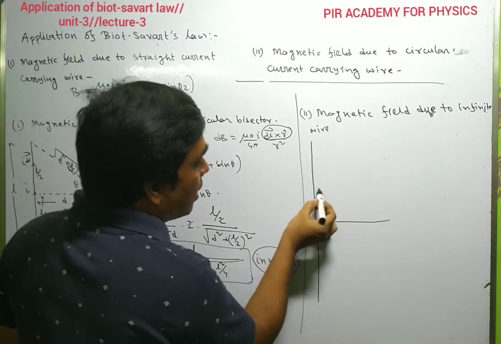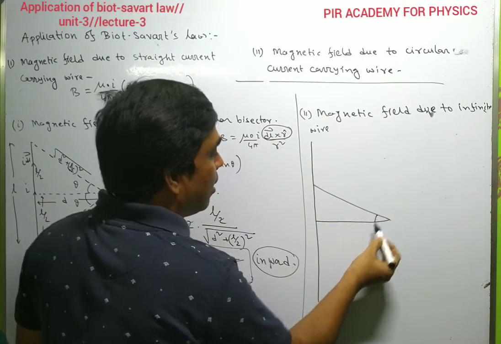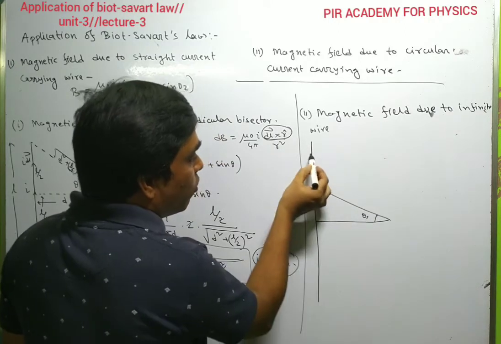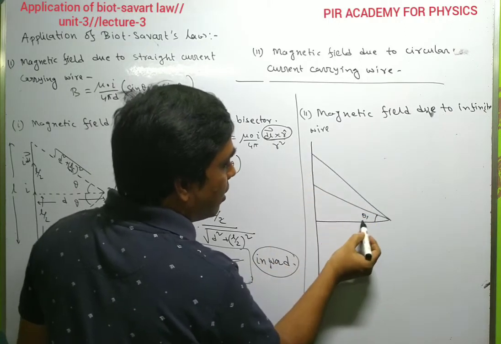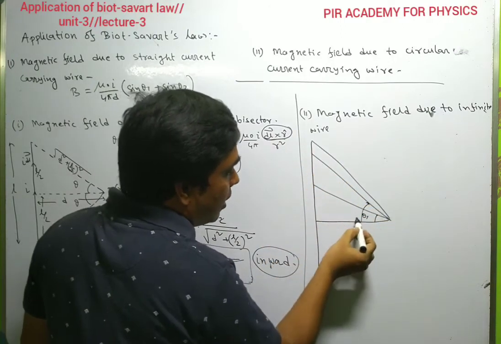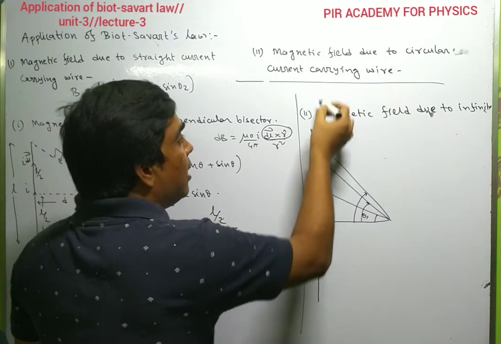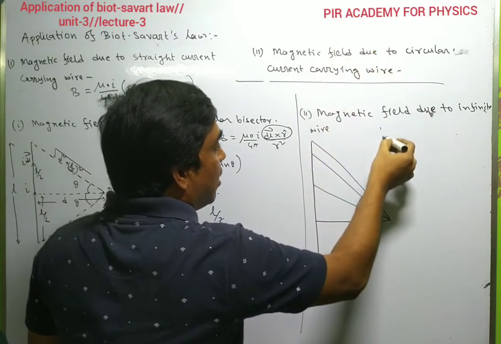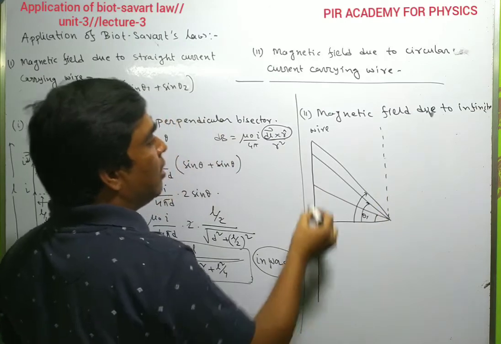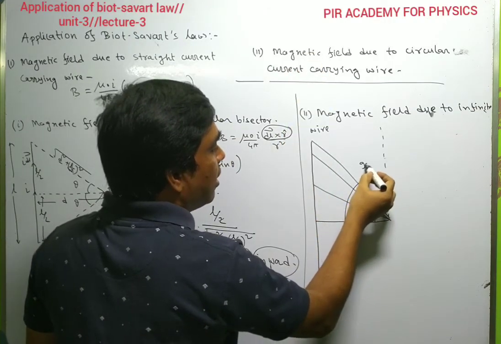So if I take this point, then the angle theta 1 increases. If I take the infinite length of this wire, then the angle will be 90 degrees.